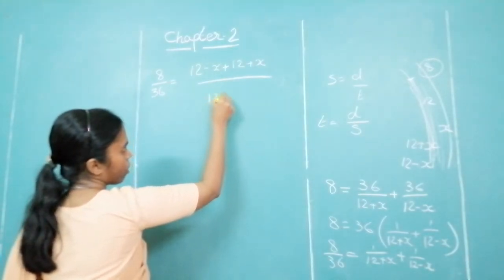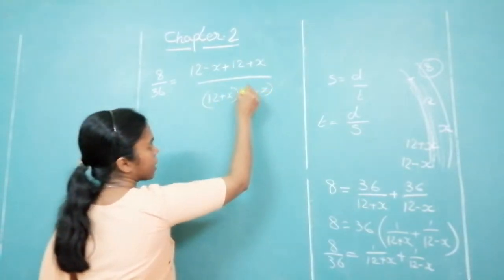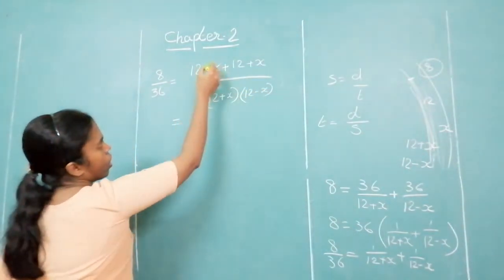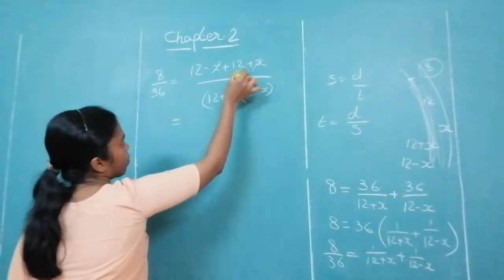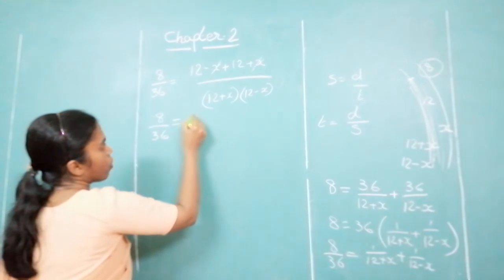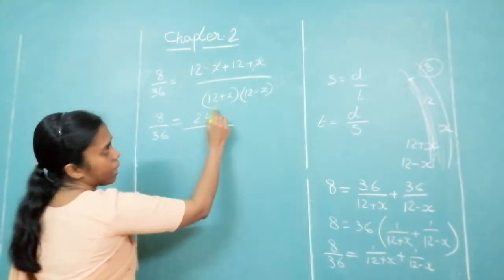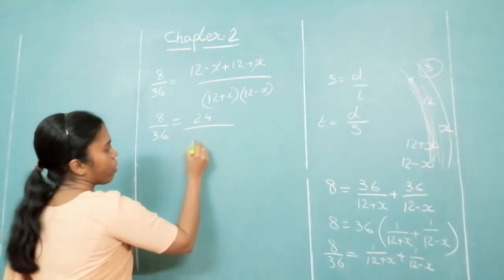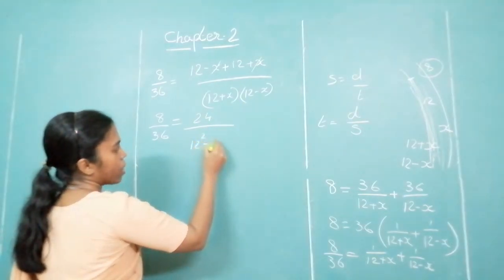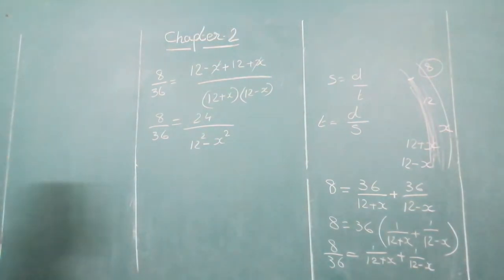The x and x get cancelled over here. On top, 12 plus 12 is 24. This is a plus b into a minus b, so you will have a square minus b square. Let's go through and see if it is clear to everyone.